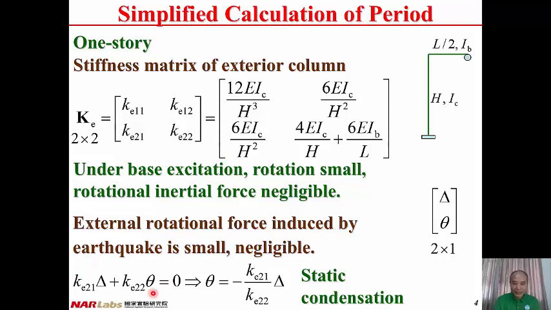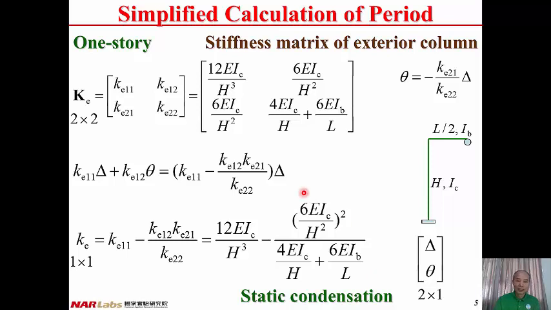From this static equation, we can express theta in terms of delta. Theta equals minus Ke21 divided by Ke22 times delta. Through static condensation, the degrees of freedom delta and theta are no longer independent. That means that they are dependent on each other.